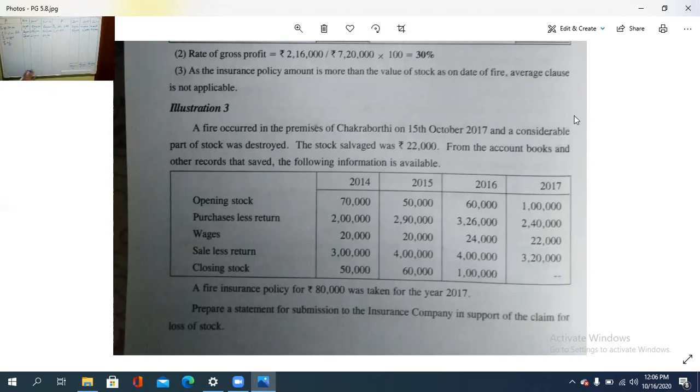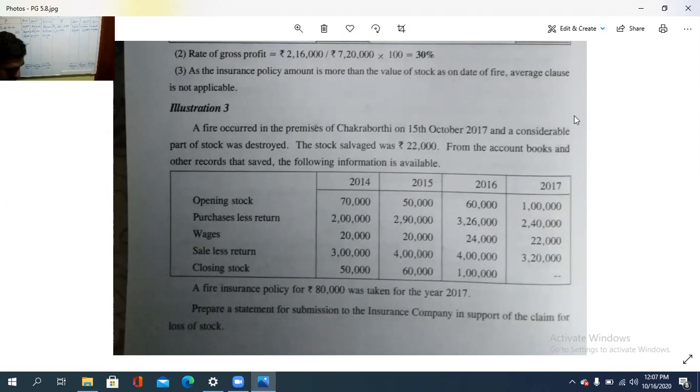Then the gross profit here: 3,50,000 for the first year, 4,60,000 for the second year, and 5 lakh for the third year. So 3,50,000 minus how much it is? 2 lakh, 2 lakh 20 plus 2 lakh 90. So how much it is? 3,50,000 minus 2,90,000. It is 60,000 for the first year.